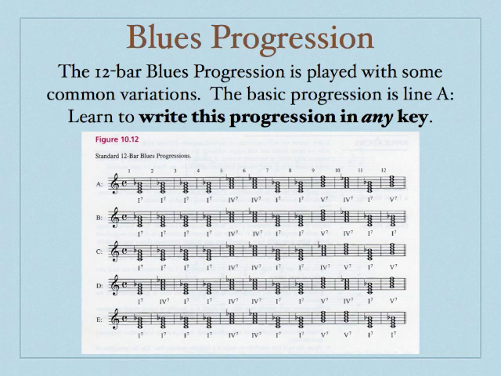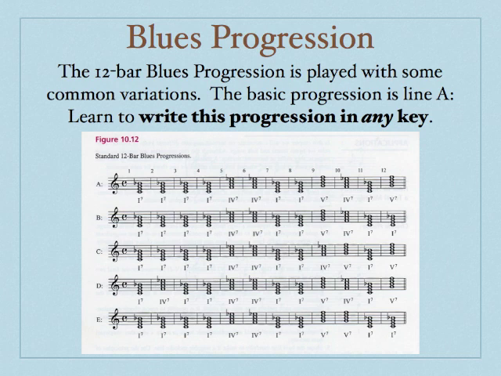A very common progression that has a long harmonic rhythm is the blues progression. And this is a progression that every musician should know. You should be able to play the blues progression in any key.